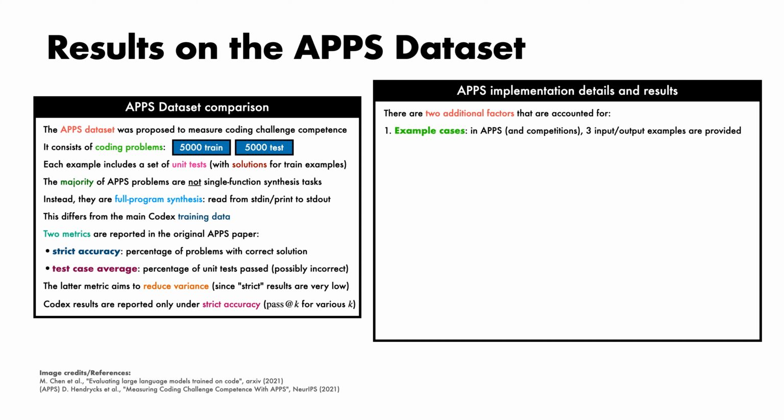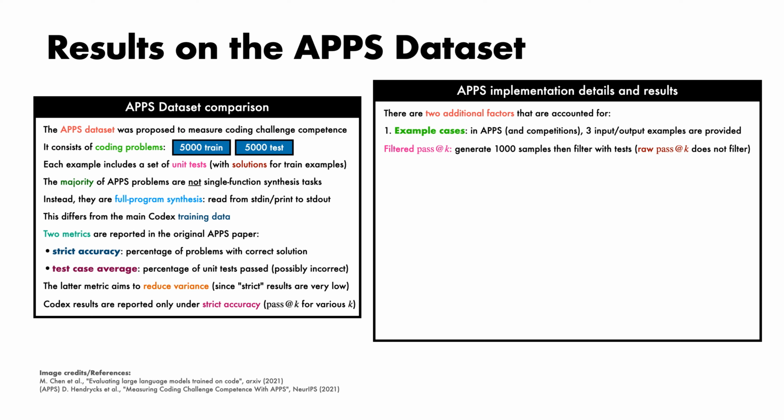A variant of the results is calculated that makes use of these 3 examples as unit tests, reported as filtered pass@k, which corresponds to generating 1,000 samples, then filtering with the 3 unit tests when they are available. Results without this filtering phase are referred to as raw pass@k results.